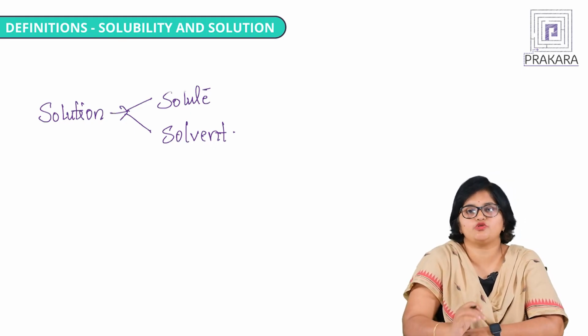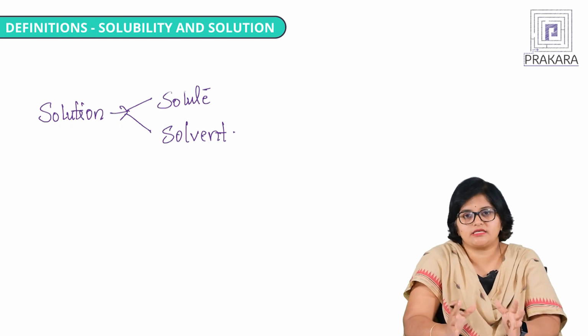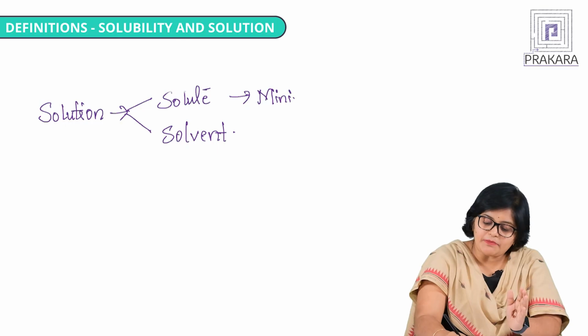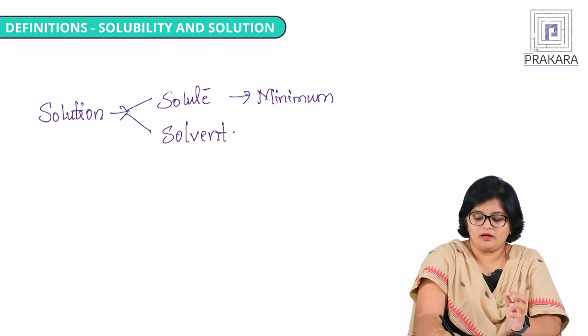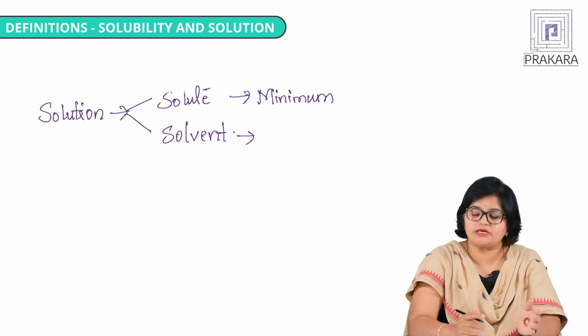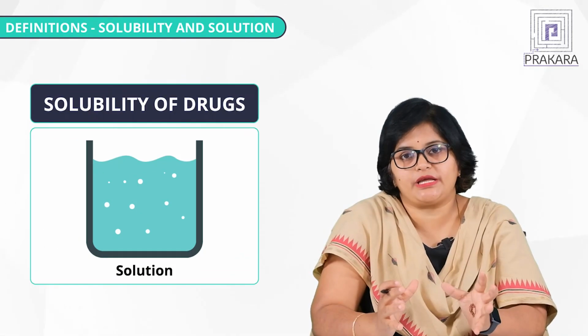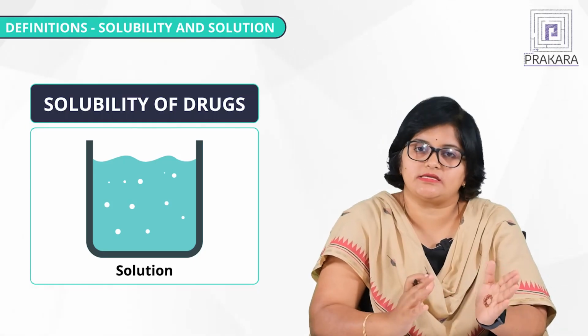So what are these two components? For you to understand, the one that is present in minimum quantity is called a solute, and the one that is present in maximum quantity is called a solvent. So the solution is a combination of solute as well as solvent.